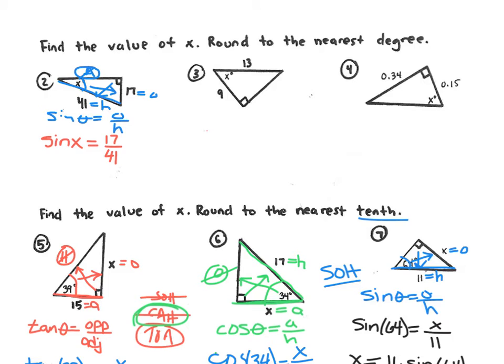And you're going to do that to the opposite side of the x. So just to simplify things, if you ever get in a situation where you don't know the degree, I want you to do that new button, which was sine inverse of 17 over 41. X is approximately, and it says to the nearest degree, so we're going to just say 24. If you didn't get that, again, your calculator may be in radians.